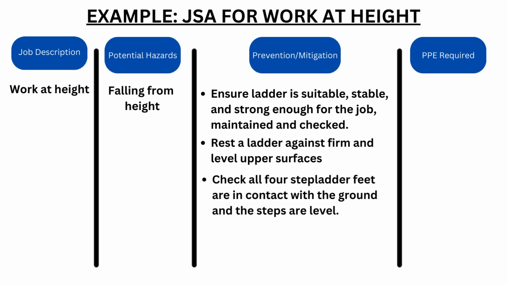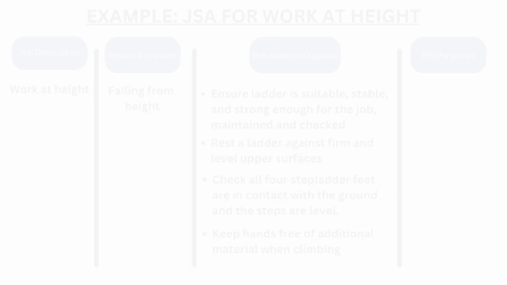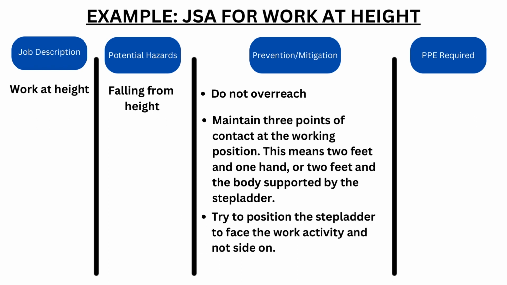Check all 4 step ladder feet are in contact with the ground and the steps are level. Keep hands free of additional material when climbing. Do not overreach. Maintain 3 points of contact at the working positions. This means 2 feet and 1 hand, or 2 feet and the body supported by the step ladder. Try to position the step ladder to face the work activity and not side on.